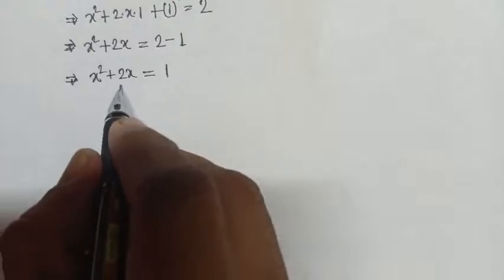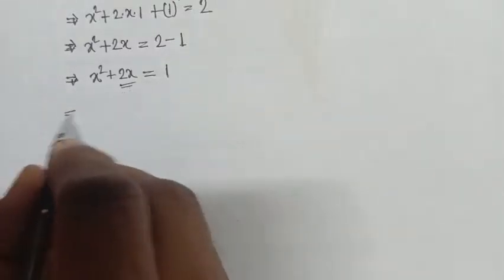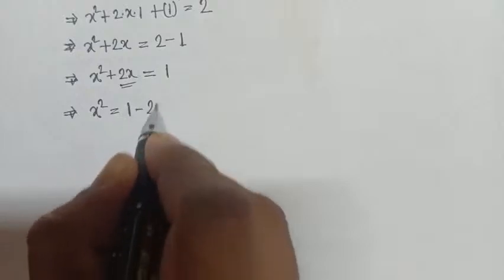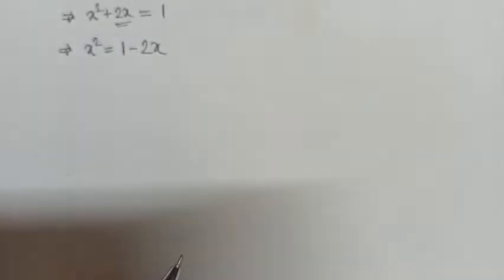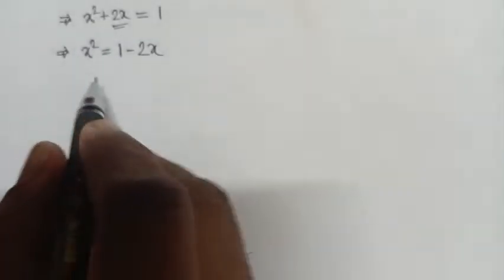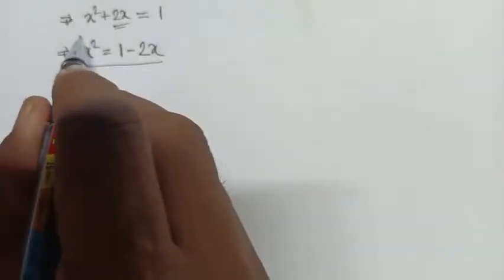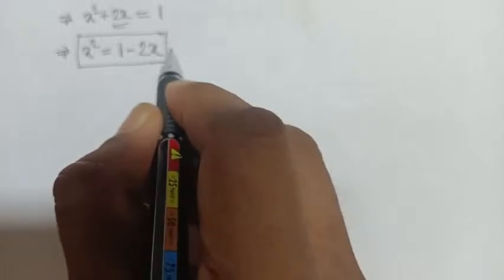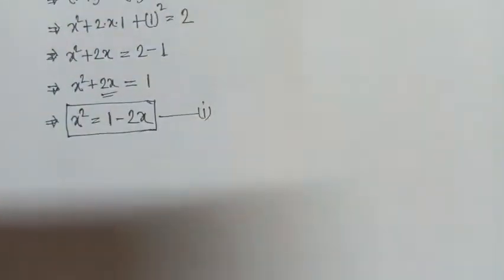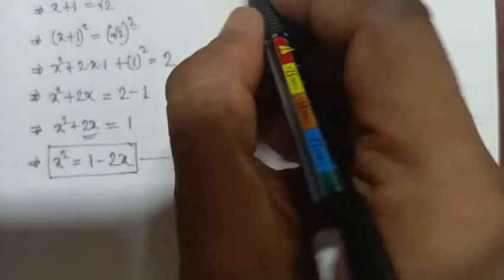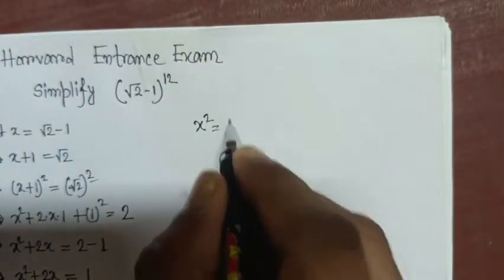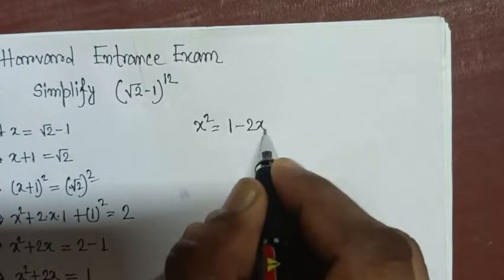Now if we move this 2x to the right-hand side, we get x squared is equal to 1 minus 2x. So we put this as equation 1. From equation 1, we get x squared is equal to 1 minus 2x.